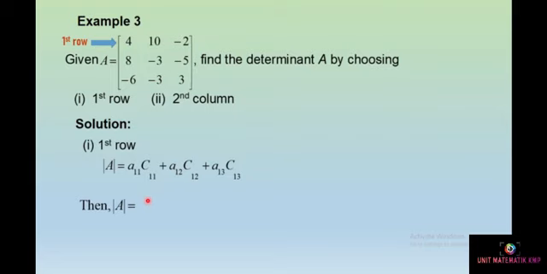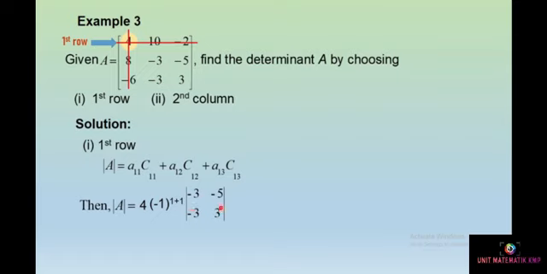Then determinant A is equal to the element of row 1, column 1, which is 4, times its cofactor. Do you remember how to find the cofactor? Negative 1 to the power row 1 plus column 1, then delete its row and column, then write the resulting determinant.